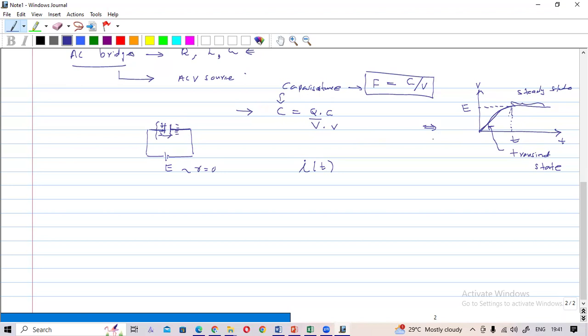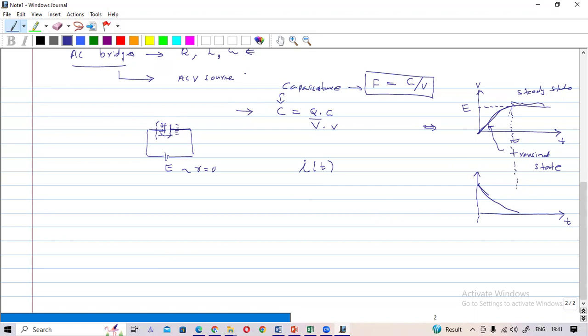So you can see that the capacitor voltage is gradually increasing and becomes a maximum value. If we consider the current through the capacitor, when the voltage is 0, the current will be maximum, then the current will gradually decrease and come to 0 when it is fully charged.